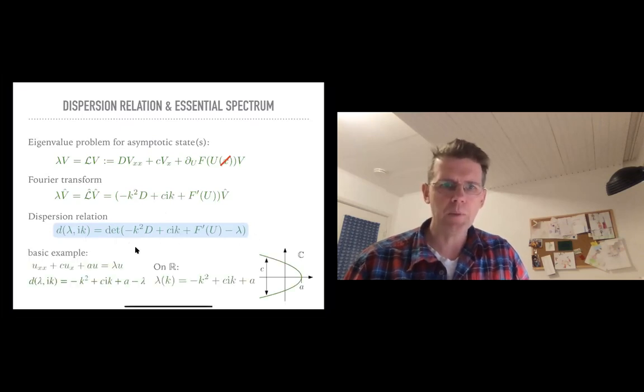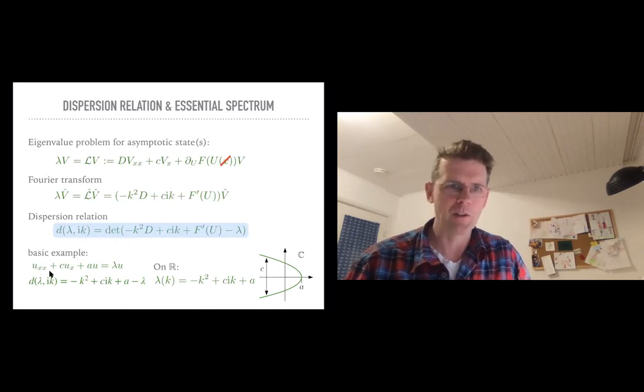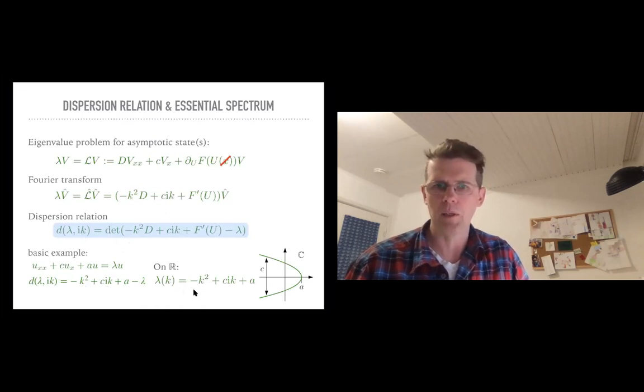The basic example, which even though it's trivial, I think it's useful to keep along, right? I just take this scalar Sturm-Liouville operator eigenvalue problem, and then the Fourier transform gives, of course, this relation where the derivatives become these multiplications, and then the spectrum is the sideways parabola when c is non-zero.